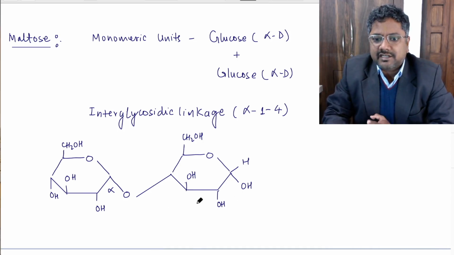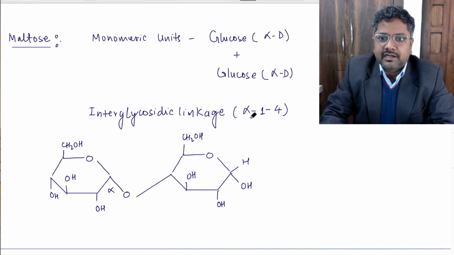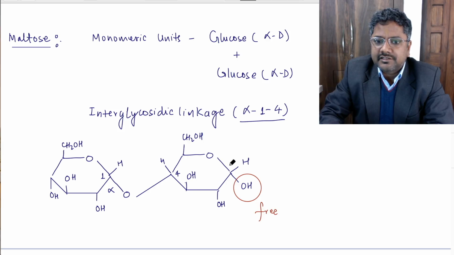Maltose is a disaccharide having two units of glucose with interglycosidic linkage alpha 1,4. This is carbon number 1, and this is carbon number 4, right? So this is the alpha 1,4 linkage. The anomeric OH is free. This is free because this is the anomeric carbon, carbon number 1.